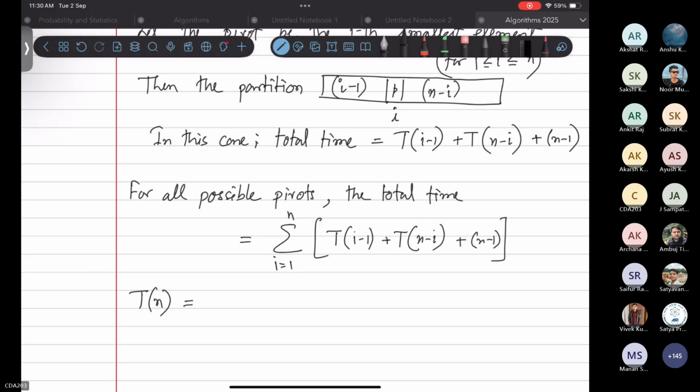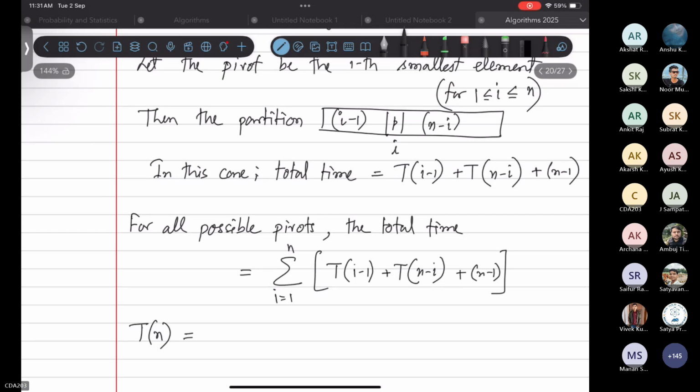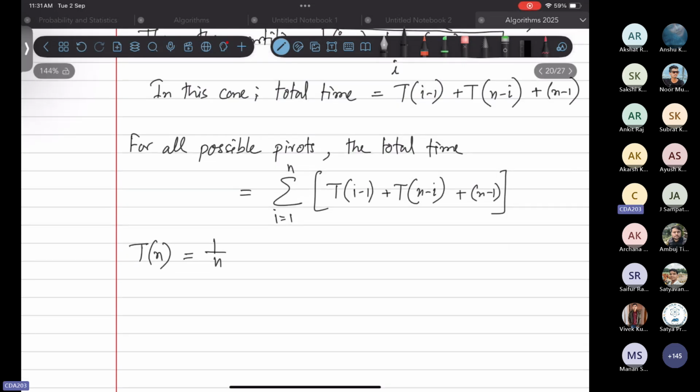The possibility of I being 1 is the same as the possibility of I being 2, which is the same as the possibility of I being n. Each of these occurs with the same probability. So to get the average, what should I do? I'll be dividing it by n. Tn will be the sum of this.